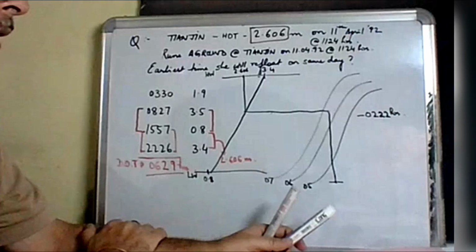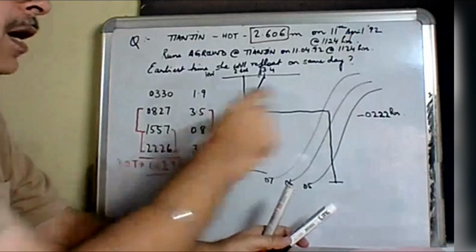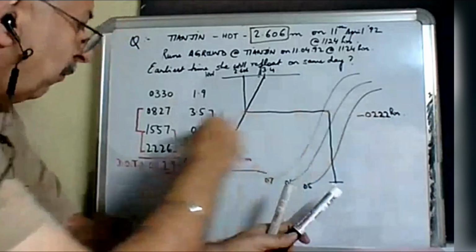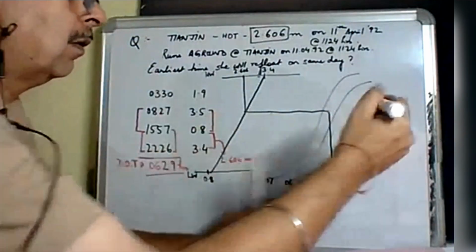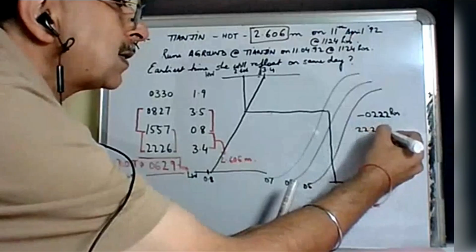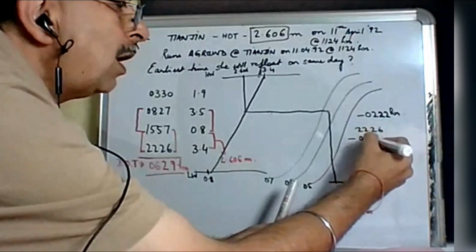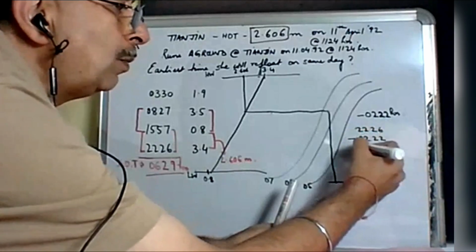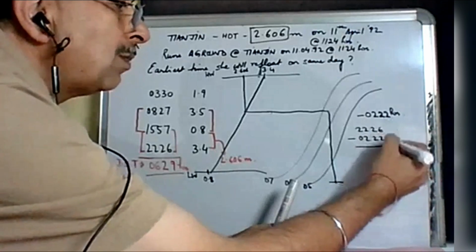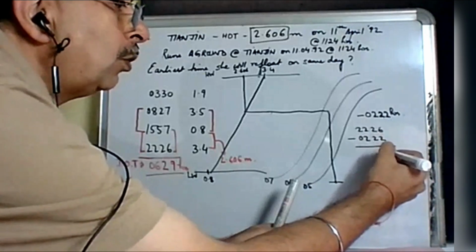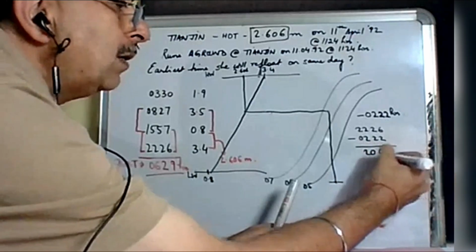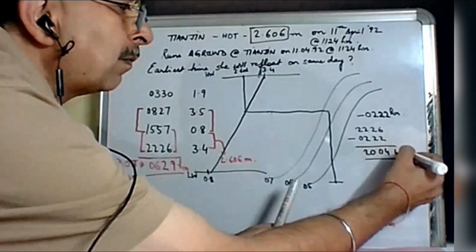तो इसका मतलब है कि I am so many hours and so many minutes before the high water time. So 22:26 minus 2 hours, whatever you're getting, so many minutes, minus कर दो। 6 minus 2, 4. 2 minus 2, 0. 20:04 hours.